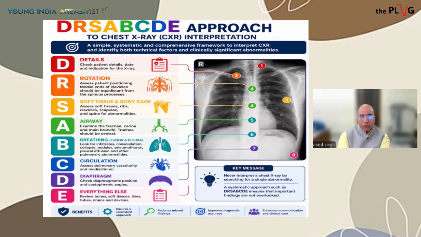Look at the soft tissue and bony cage, then go to the airways, look at the breathing, look at the infiltrates, consolidation, collapse, nodules, any pulmonary abnormalities, look at the circulation, pulmonary vascular circulation, and finally diaphragm and everything else, like what are the devices present. And also compare the X-ray with the previous X-ray. That is also very important.